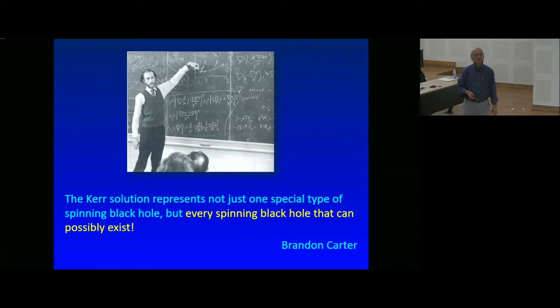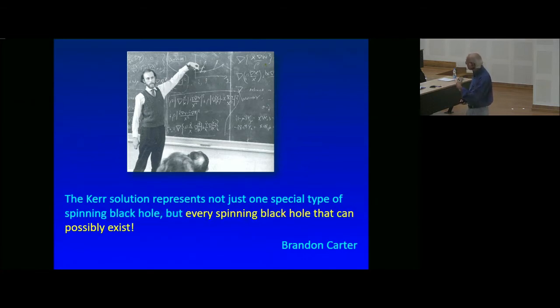The next important watershed occurred in 1968 when Brandon Carter, who was a classmate of Stephen Hawking, working with Dennis Sharma, proved a very profoundly important mathematical theorem in which he showed in an exact manner that the Kerr solution represented not just one special type of a spinning black hole, but every spinning black hole that can possibly exist.